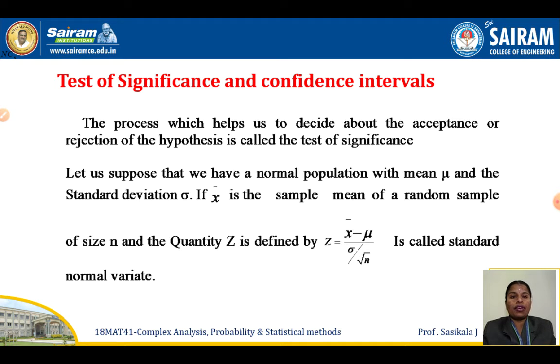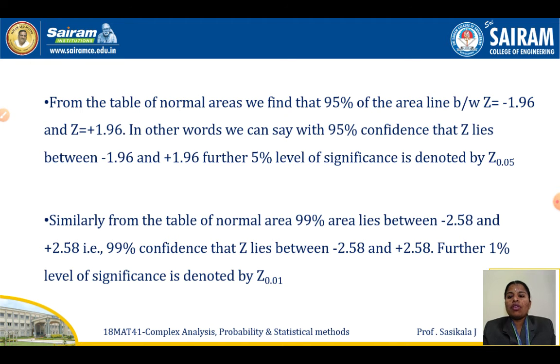We have already seen this under the topic of normal distributions. Now from the table of normal areas we find that 95% of the area lies between z equal to minus 1.96 and z equal to plus 1.96.